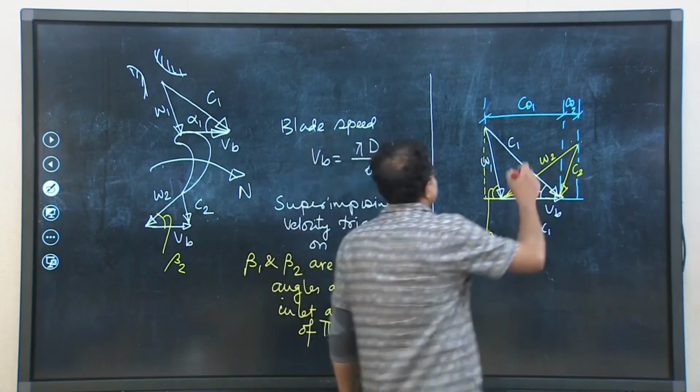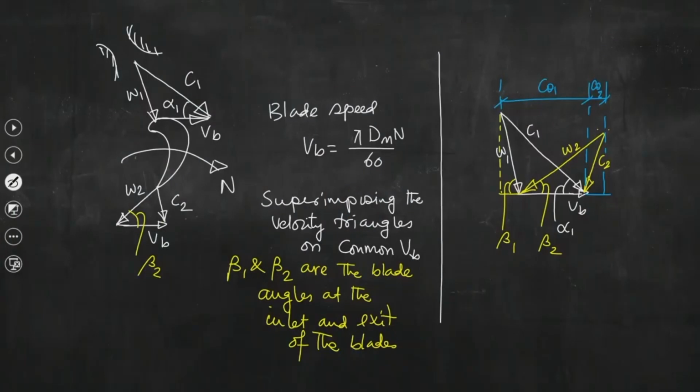Now, delta C theta equal to C theta 1 minus C theta 2.